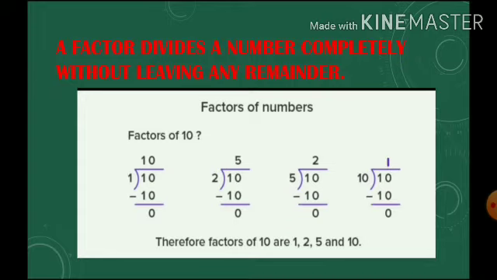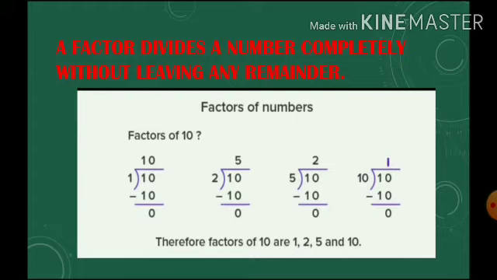Look at the second division. We are dividing 10 by 2. So 10 is the dividend, 2 is the divisor, and what is the quotient here? 5 is the quotient and remainder is 0. So we can tell 2 is one of the factors of 10. Next division, 10 by 5, the answer is 2.